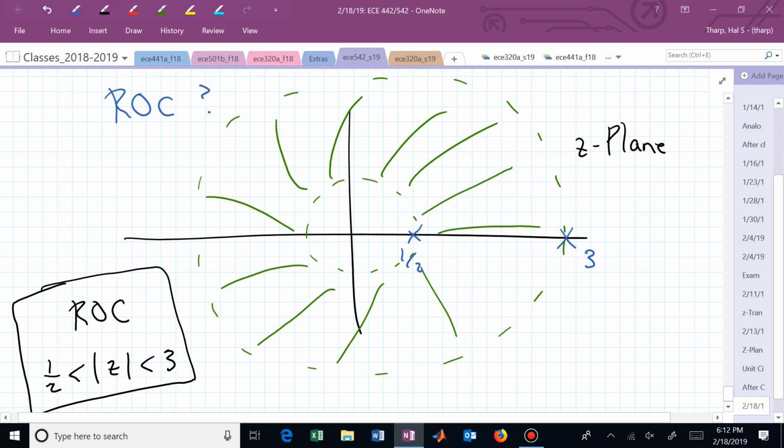Not knowing anything more than this picture, can you tell me anything about the behavior of the sequence in the time domain corresponding to this particular picture? Can you say anything about the bounded nature? Is it bounded or is it unbounded? The sequence corresponding to this frequency domain picture.